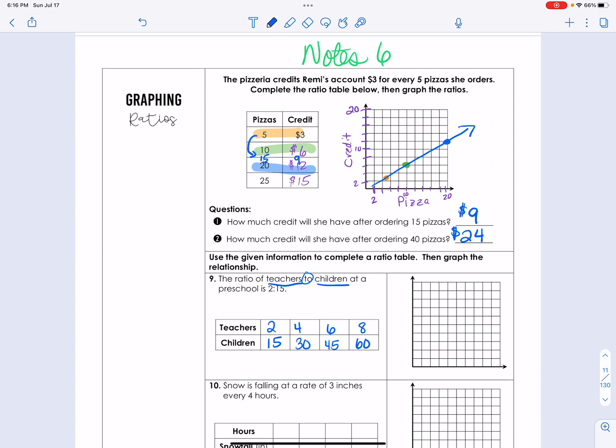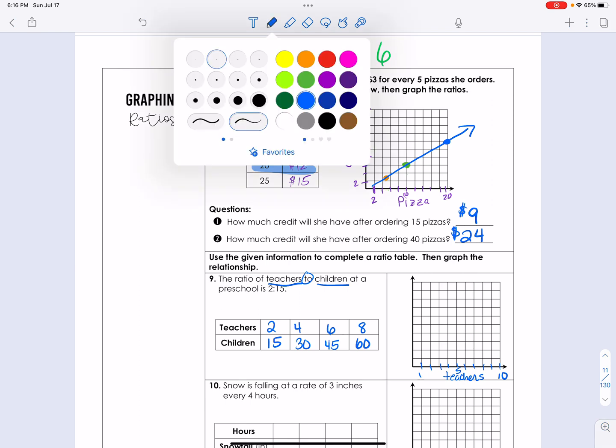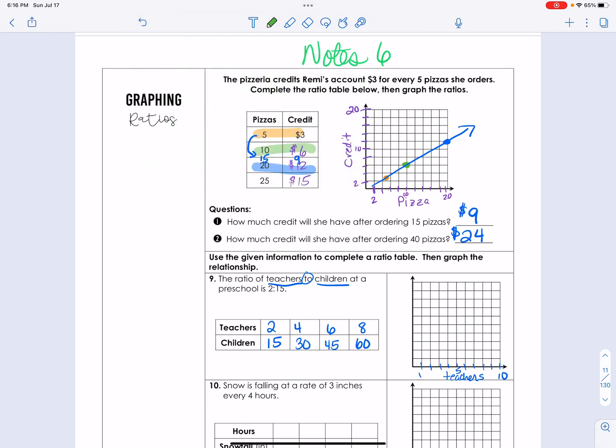And so then this is my teachers. I probably can go by ones: 1, 2, 3, 4, 5, 6, 7, 8, 9, 10, because it only goes up to 8. And then along the side here is my children. Okay, and I'm probably going to have to do like 5, 10, 15, 20, 25, 30, 35, 40, 45, 50.